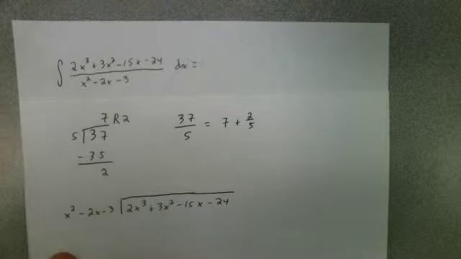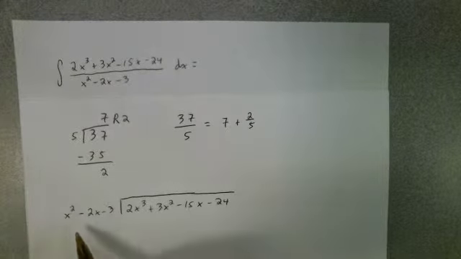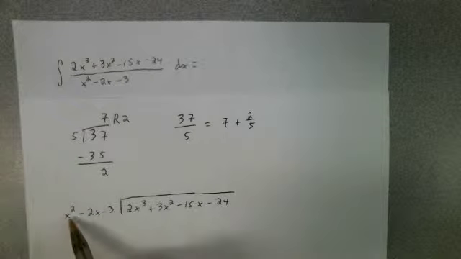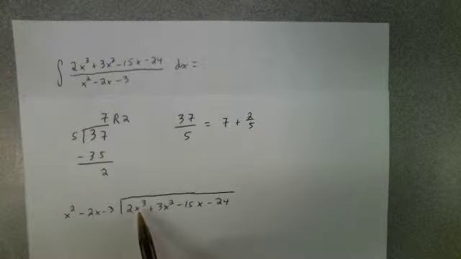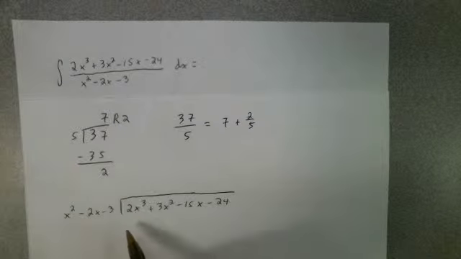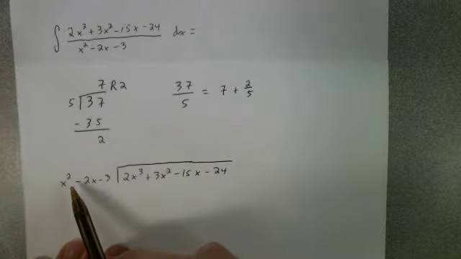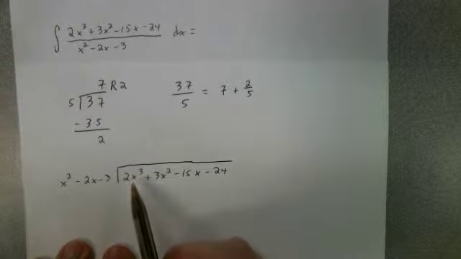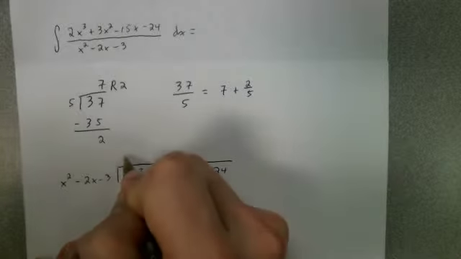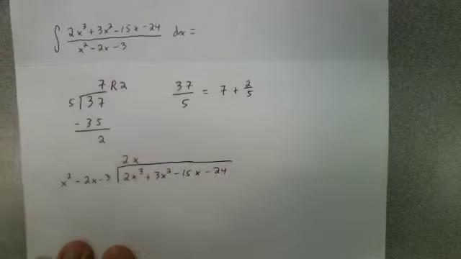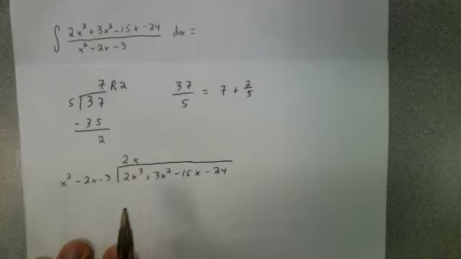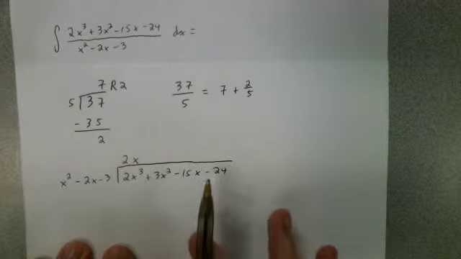So how do we do that? Well, what we've got to ask is, how many times does x squared go into 2x cubed? You might be confused by that question. Well, I'm going to tell you the answer. The answer is going to be 2x. And you might say, how did you get that? Well, hold your horses. I'll explain that in a moment.